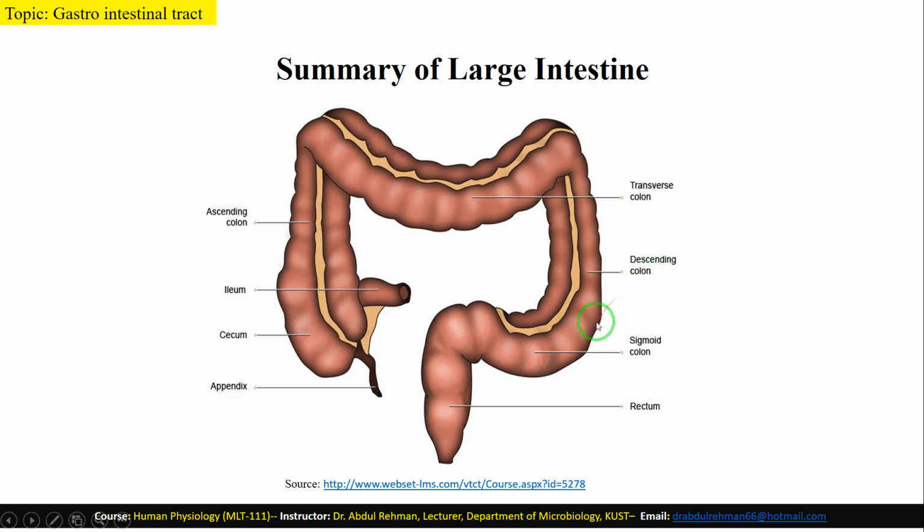The descending colon ends at an S-shaped structure called the sigmoid colon that is connected with the last part of the large intestine called the rectum, and the rectum is connected with the anus. So feces are removed through the anus to the environment.